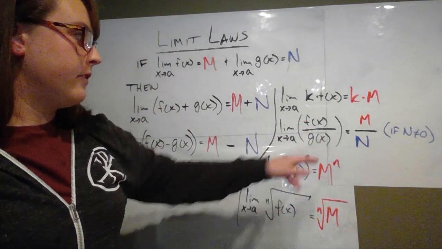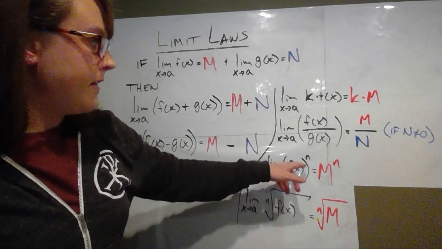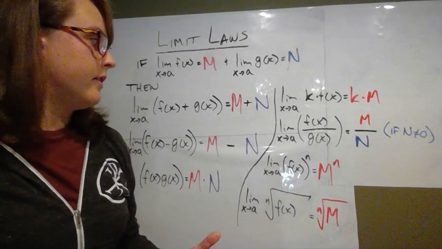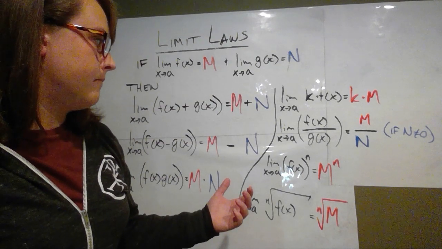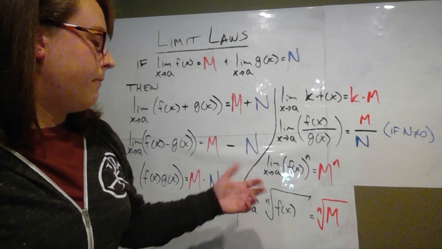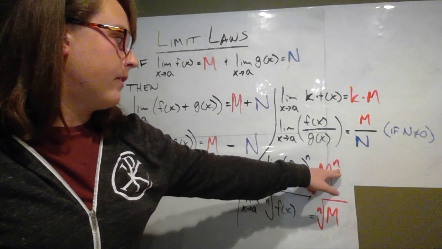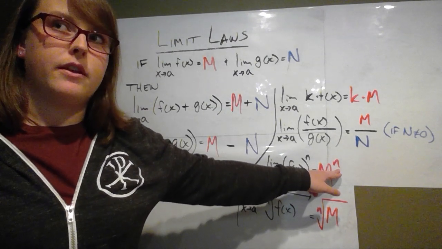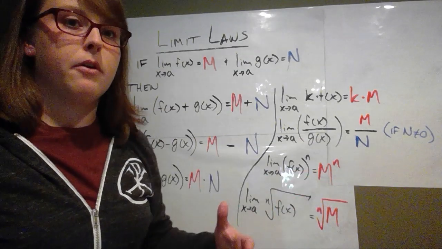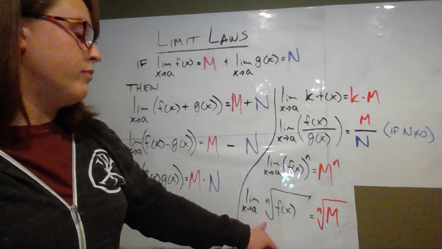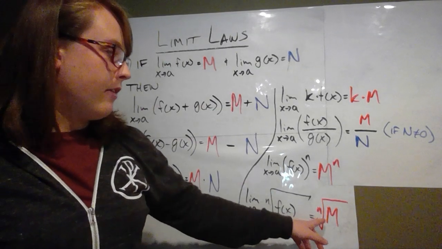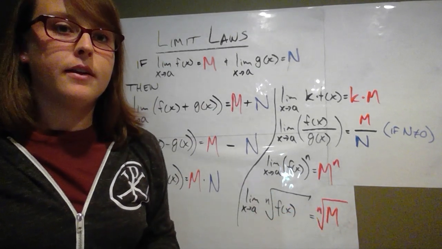If I take the function and raise it to a power, in this case n would be some positive integer, or actually any integer, then it would be m to the nth power. I guess if it was a negative integer, then you wouldn't be able to have m be 0, but anyway. Or if we took the nth root of the function, then it would be the nth root of m.